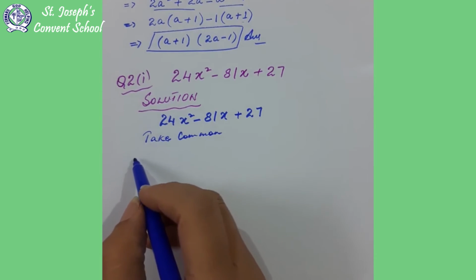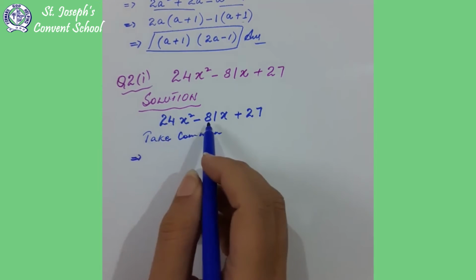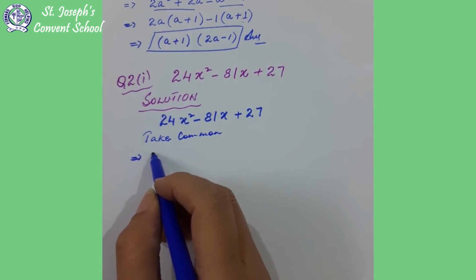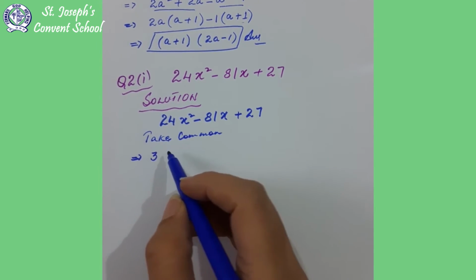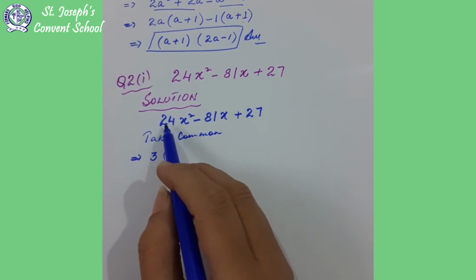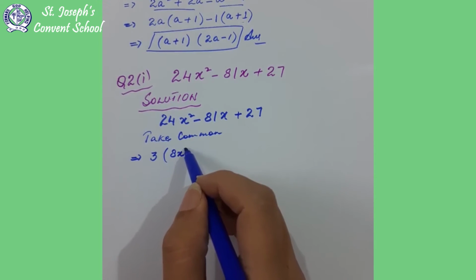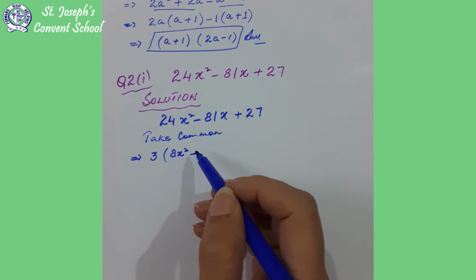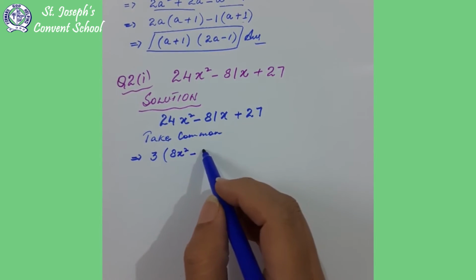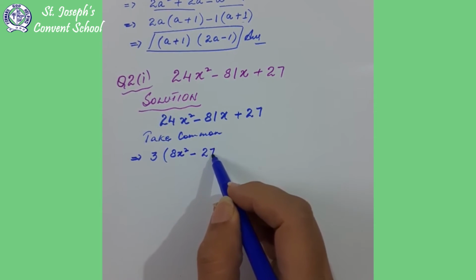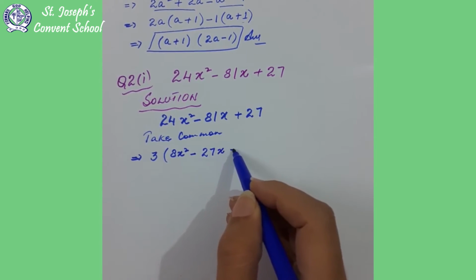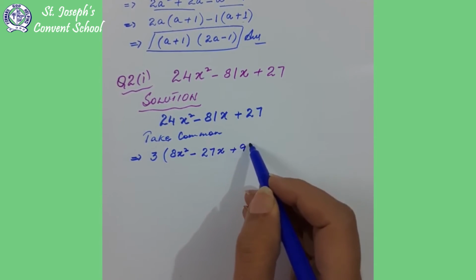Common means all three go in the same table of 3. So 3 is common. The remaining terms: 3 into 8 is 24, so 8x square; minus 3 into 27 is 81, so 27x; plus 3 into 9 is 27.